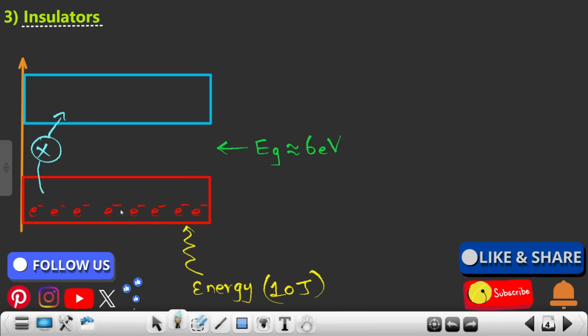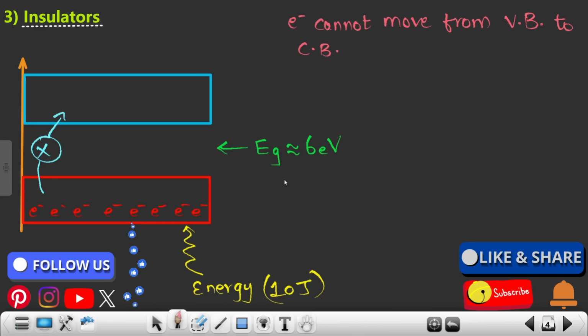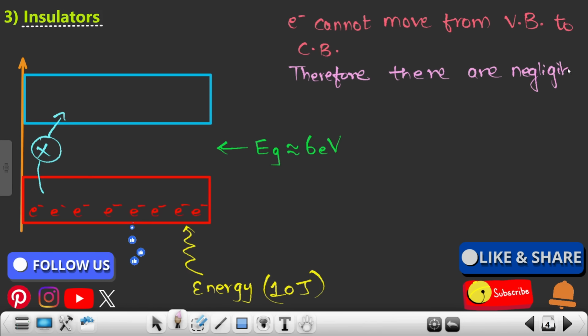Let me write here: the electrons cannot move from valence band to conduction band, and due to this, there are negligible freely available electrons in the conduction band.